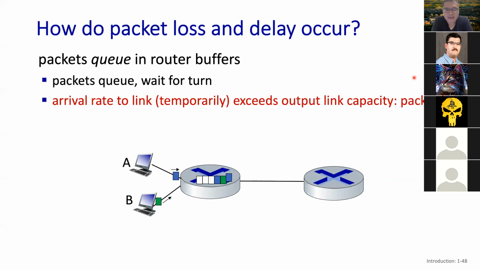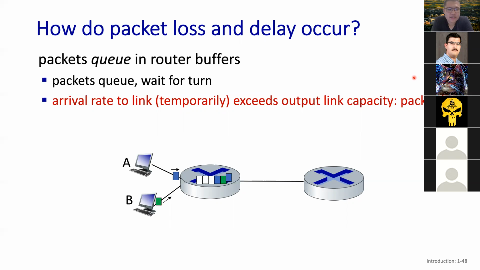So let's look at this figure, which we used in the last lecture. We have different end users A and B sending their packets to the router, and the router will queue the packets, then transmit them to the link and to the next router, the next link, and then to the destination. So here we have different things happening.